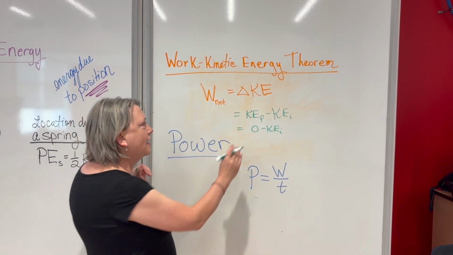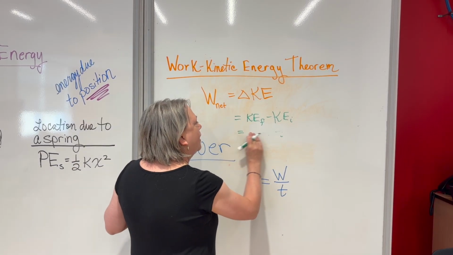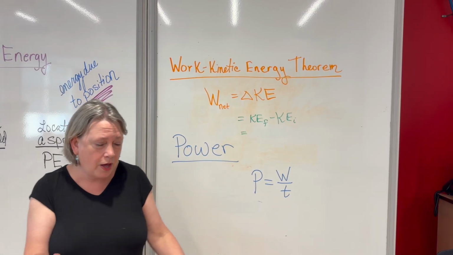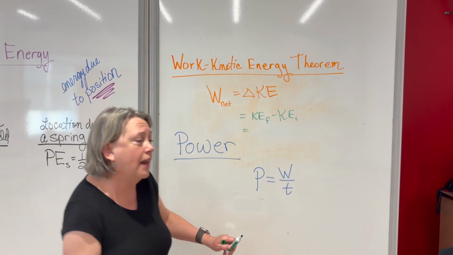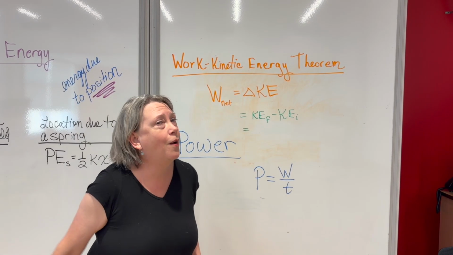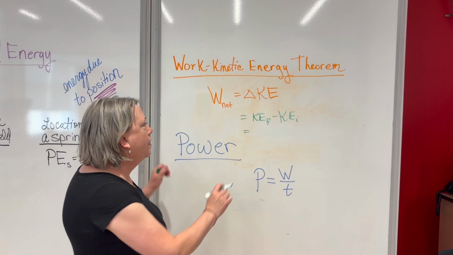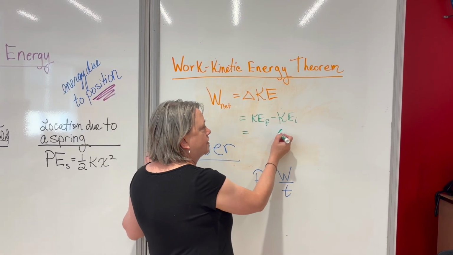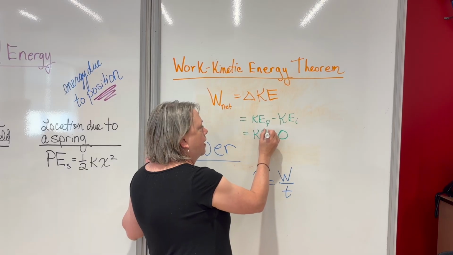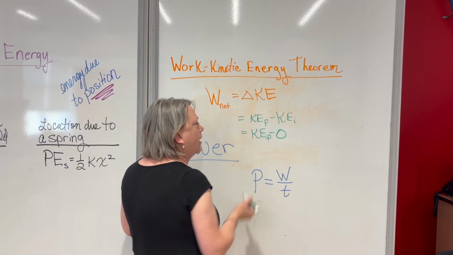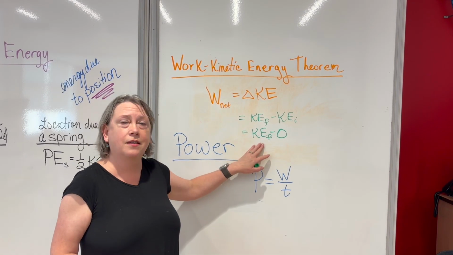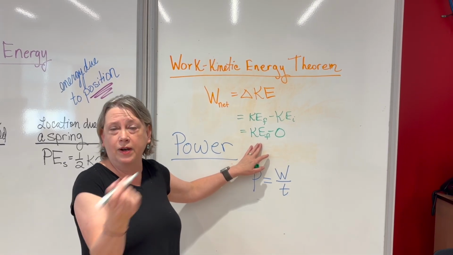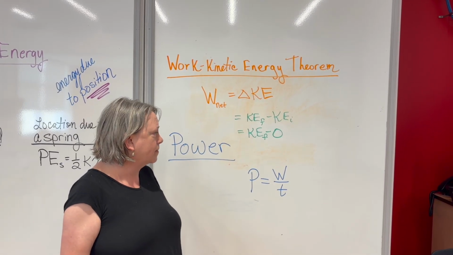On the other hand, if I have a bowling ball that's at rest and I apply a force to it over a distance, my initial is 0. And so now my net work is going to be positive, and it's going to be positive whatever my final kinetic energy is.